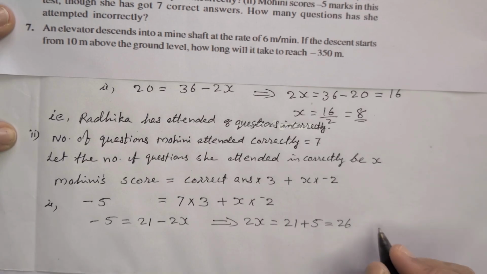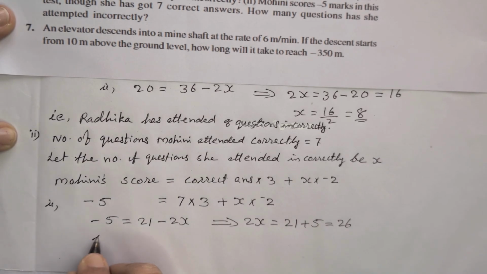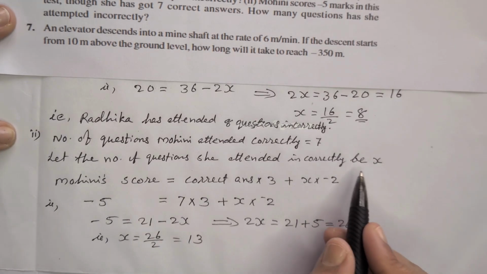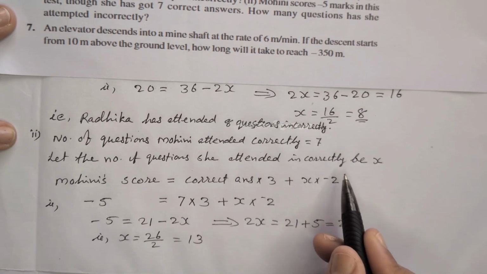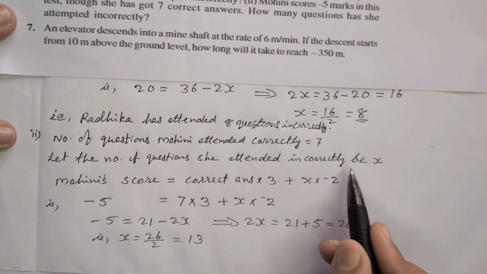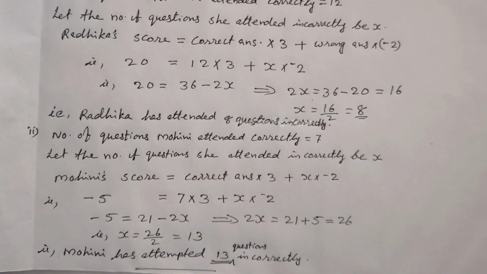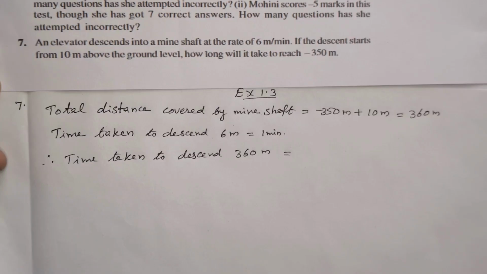From that, x is equal to 26 by 2, which is 13. That means the number of questions she attempted incorrectly, x, is 13. Mohini has attempted 13 questions incorrectly.